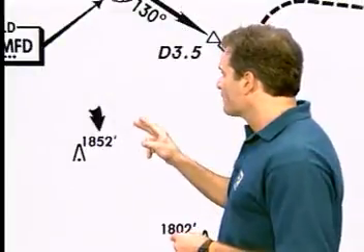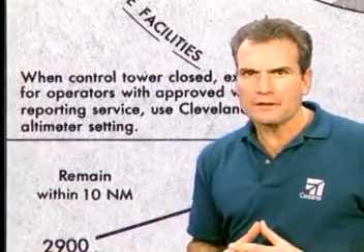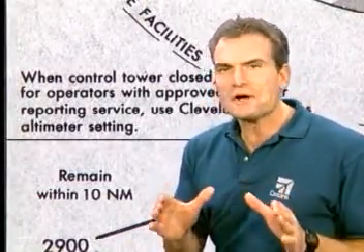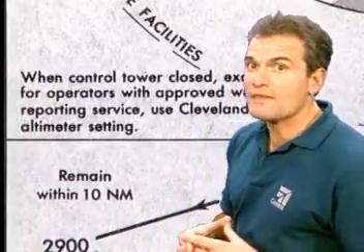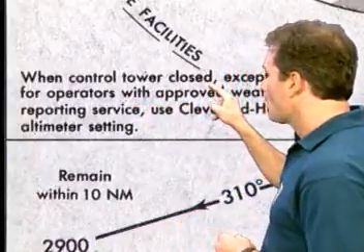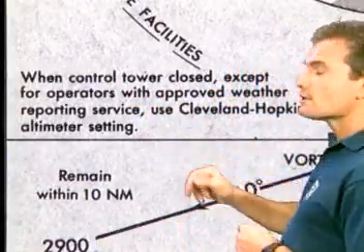Now Jeppesen indicates the highest obstacle with an arrow. As you're scanning all the detail on the plan view, you'll want to look for notes with special instructions. This particular note tells you that when the Mansfield Tower is closed, you should use the Cleveland-Hopkins altimeter setting.